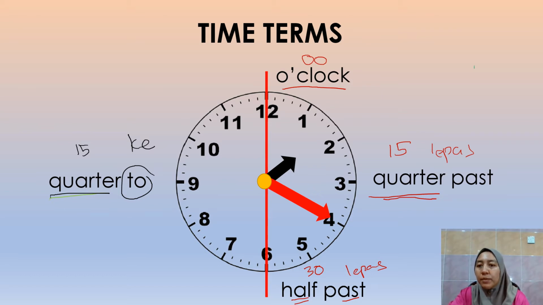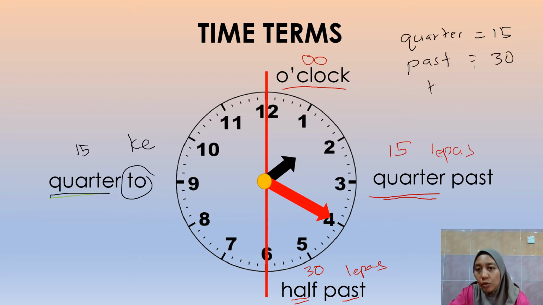So kat sini ada beberapa term yang awak perlu ingat ialah quarter sama dengan 15, half sama dengan 30, to ialah ke, dan past ni lepas lah. 15 minit lepas jam 3, maksudnya 3:15 lah.